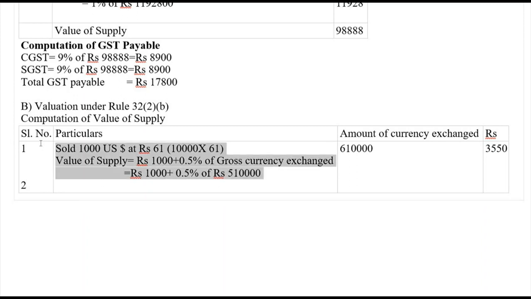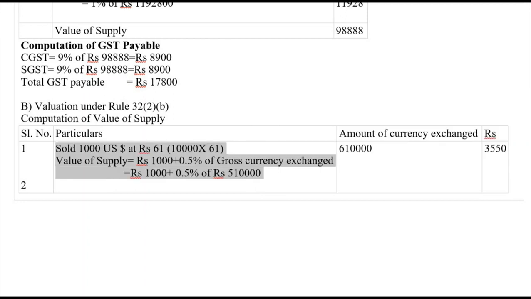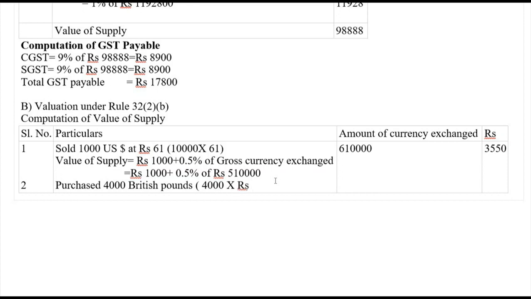Second one, purchased 4,000 British pounds. So here it is 4,000 multiplied by rupees 99, which comes to rupees 3,96,000.